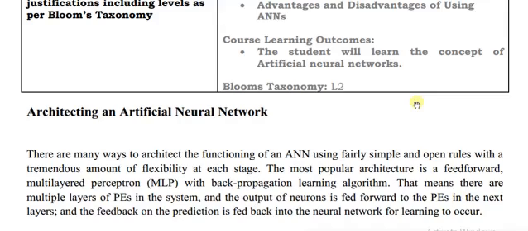There are many ways to construct the functioning of an artificial neural network, from fairly simple to more complex structures. The most popular architecture is the feed forward multi-layer perceptron, most commonly called MLP, with the back propagation learning algorithm.